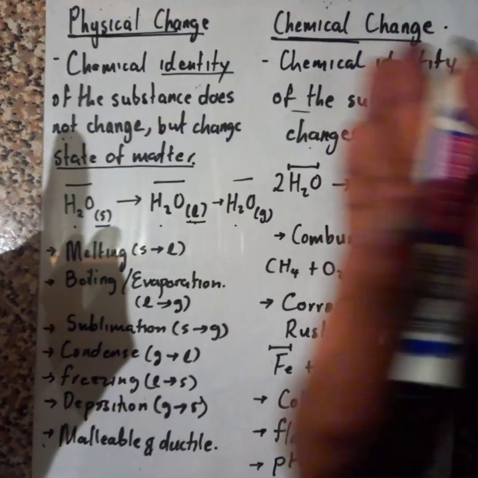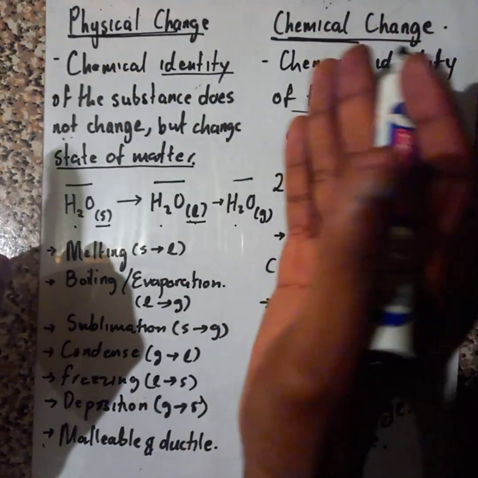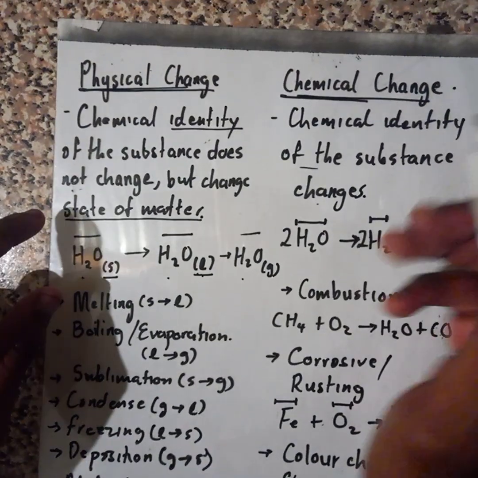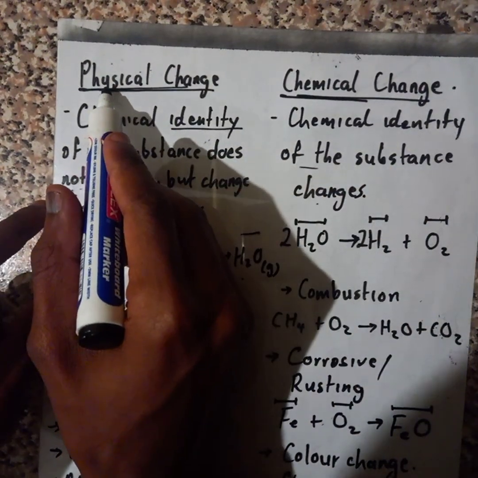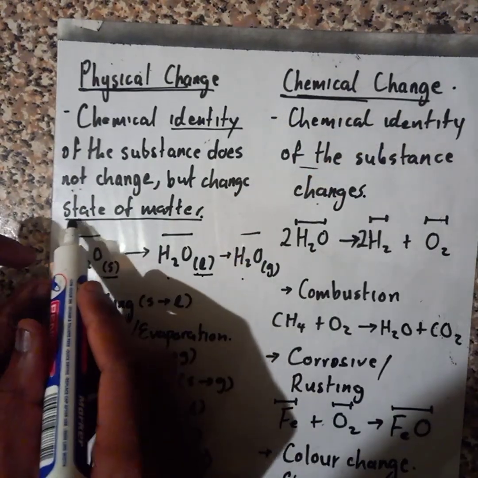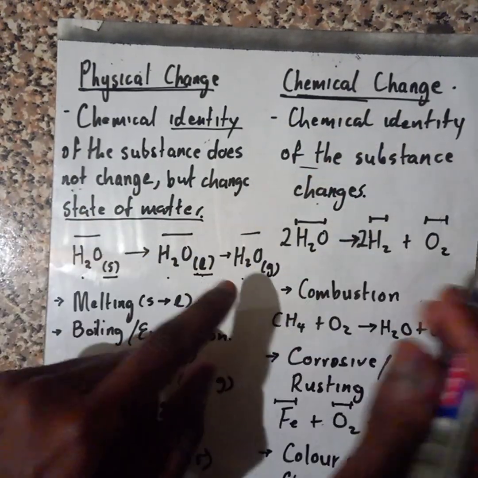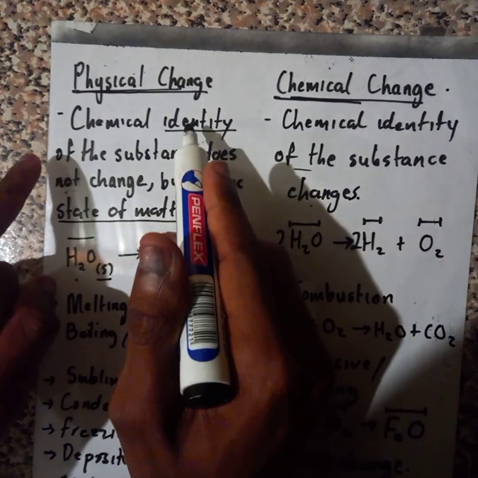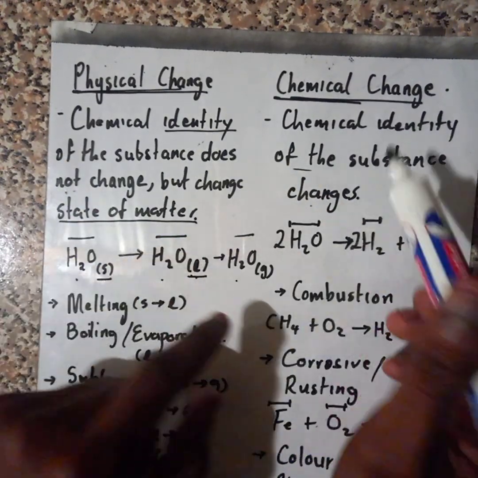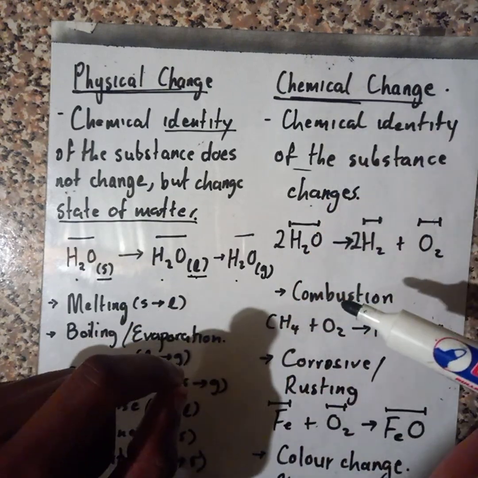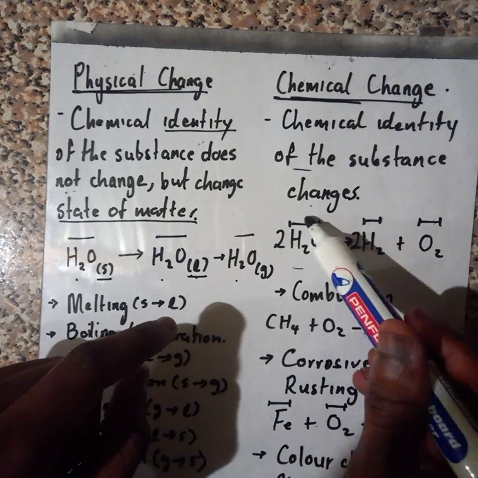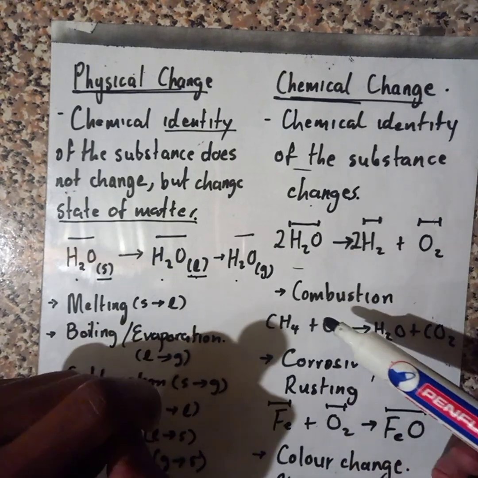In order for us to differentiate between the physical and chemical change: for the physical change, the only thing that changes is the state of matter, but not the identity of that substance. But under the chemical change, what changes is the identity of that substance.